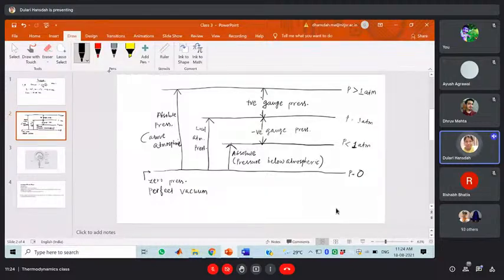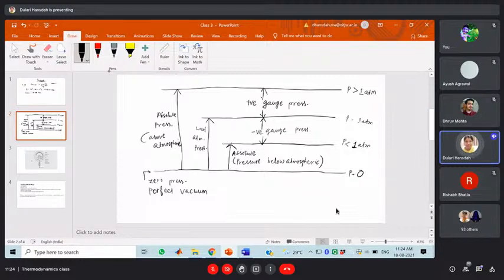So please see this diagram. Here I have written the relationship between different types of pressure. Here you can see that there is one reference line. This is known as your perfect vacuum or reference point from where we can find out the different pressures of the system. Here you can see the atmospheric pressure. As I have told you, atmospheric pressure means it is a standard pressure.